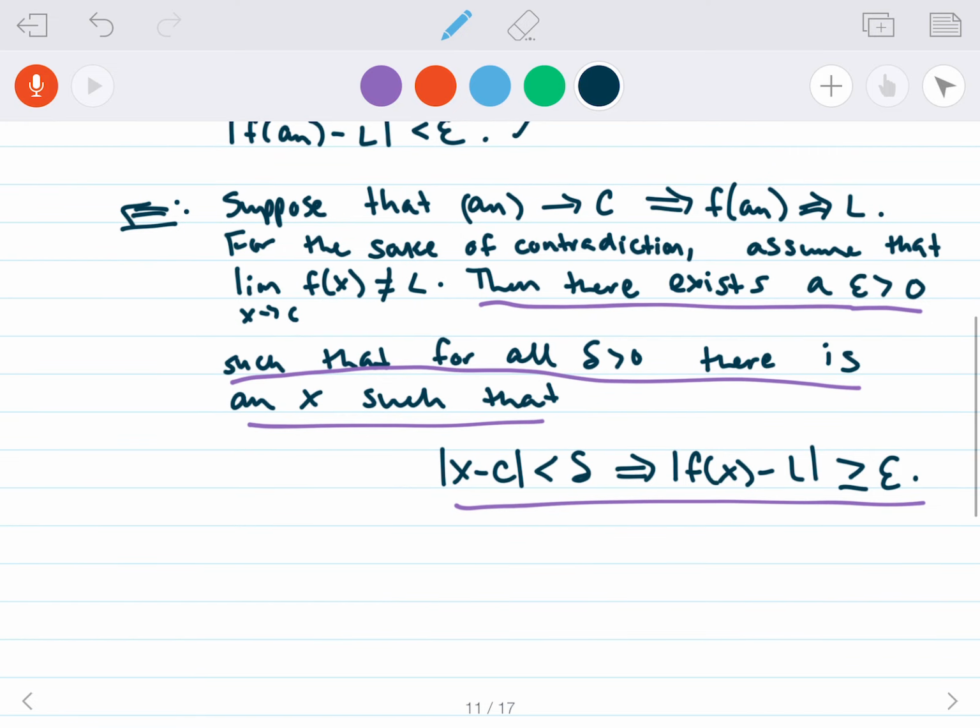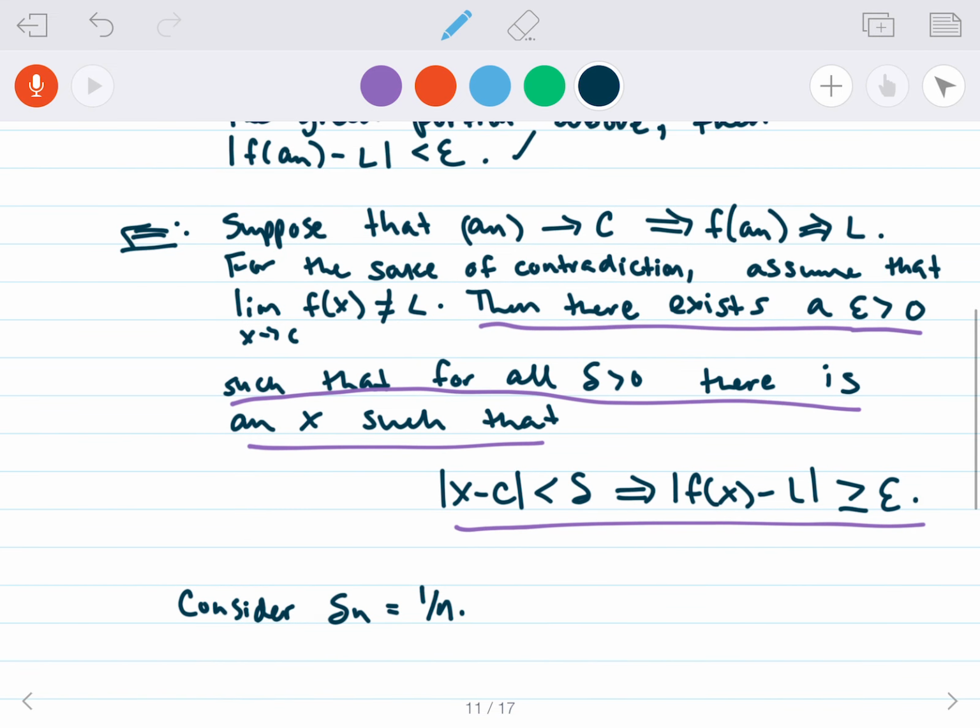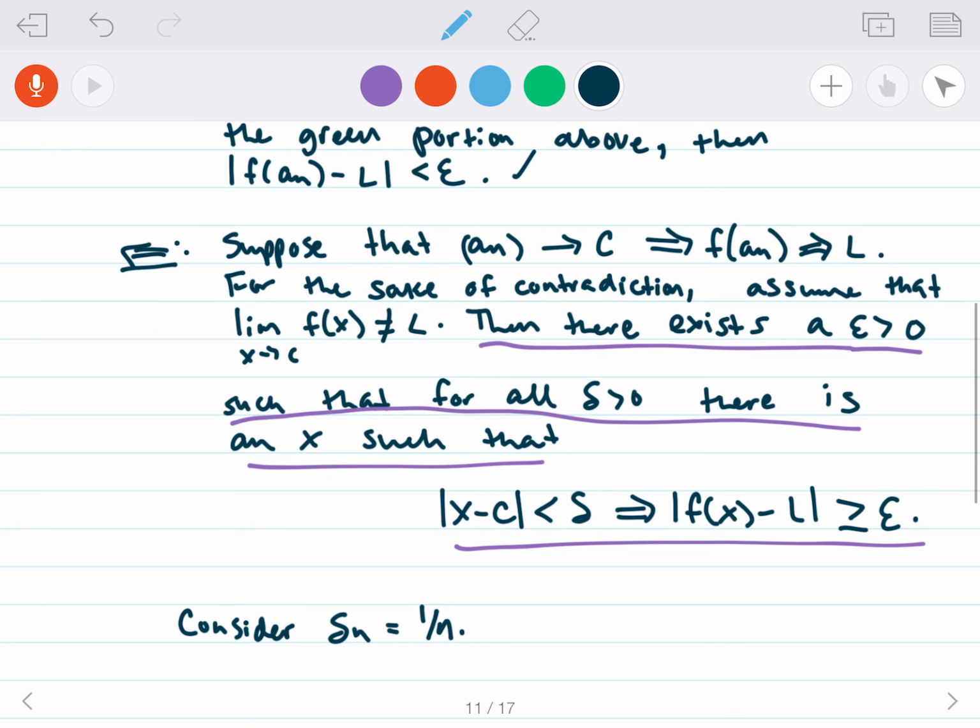Okay, so consider this sequence: delta n equals 1 over n. All right, so what does my hypothesis say? Okay, so it says that suppose that a sub n converges to c.